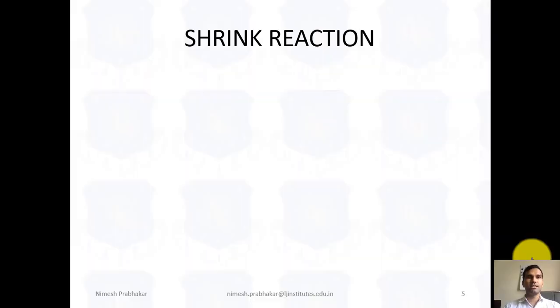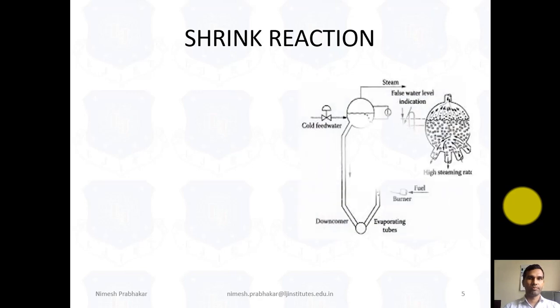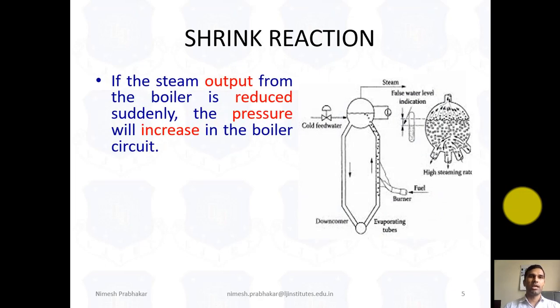So this is known as the swelling effect. Now we discuss the sink reaction or sinking effect in the boiler. To understand this sink effect, we take the same figure. If the steam output from the boiler is reduced, suddenly the pressure will increase in the boiler. So this is the opposite effect of the swelling.